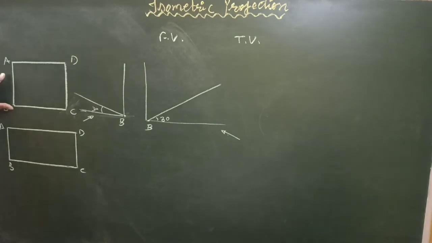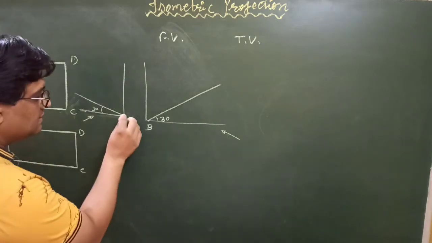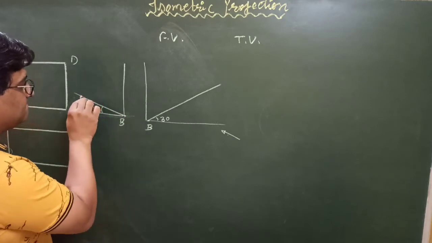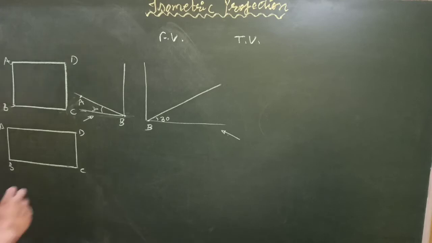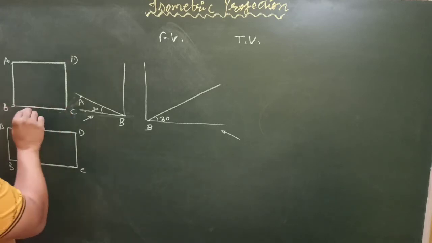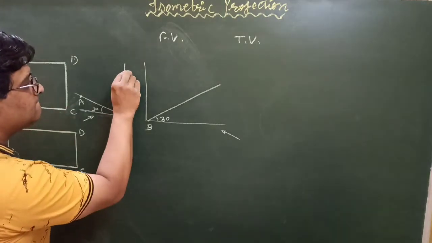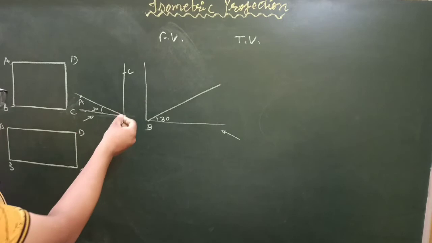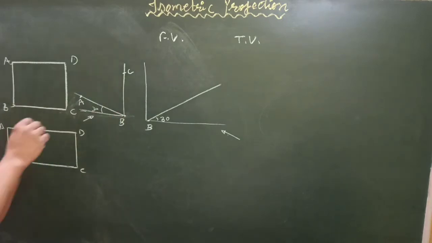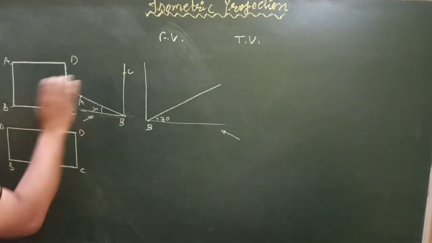Now to draw B to A, take the distance from B to A, put it here and cut, so that A is obtained. Similarly, from B to C you can cut here and get C. If it is isometric projection, you have to reduce these dimensions by 0.82. If it is isometric view, you can directly take from here.